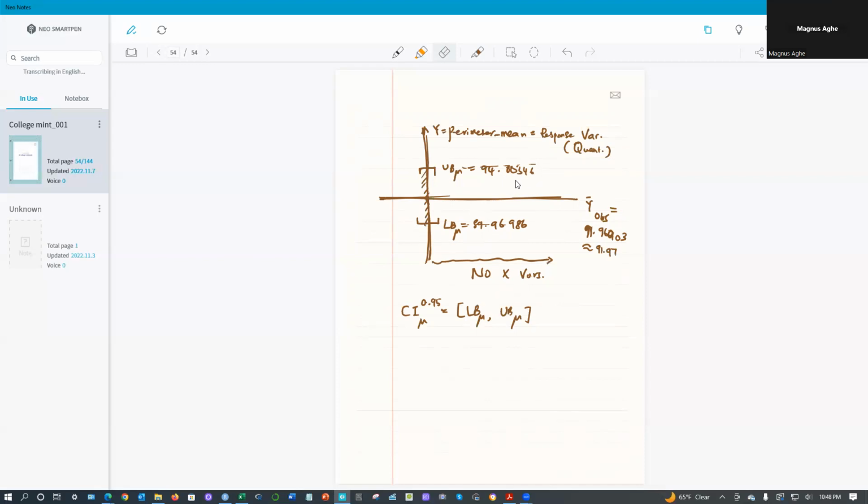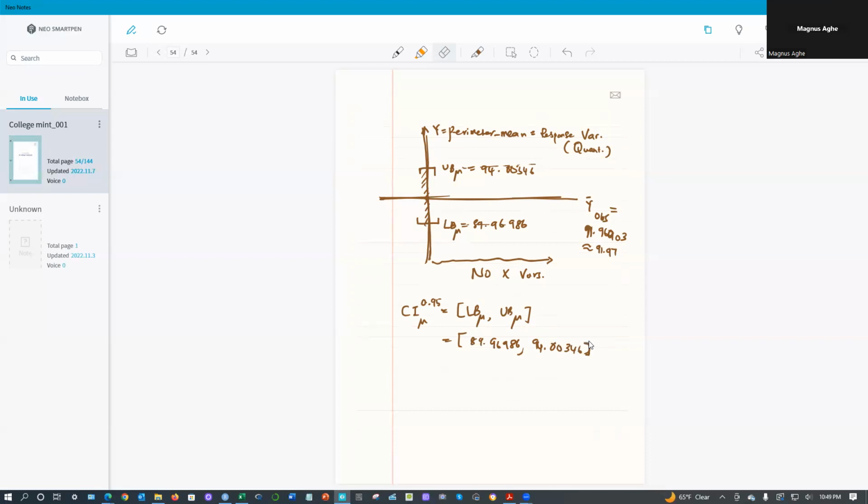So it's going to be in between. You write this, then the lower bound and upper bound. That's all you have to do. You write 89.96986, 94.00346 with brackets.